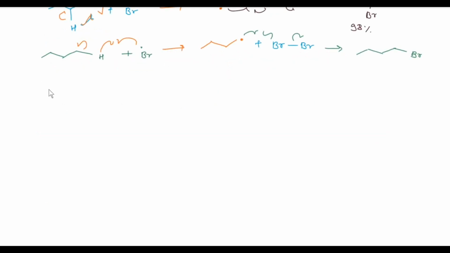Take another example of bromination, in which isobutane is treated with Br2 in presence of light.